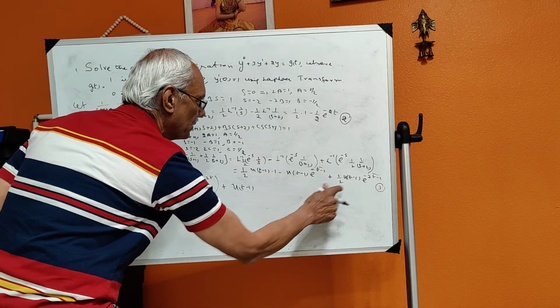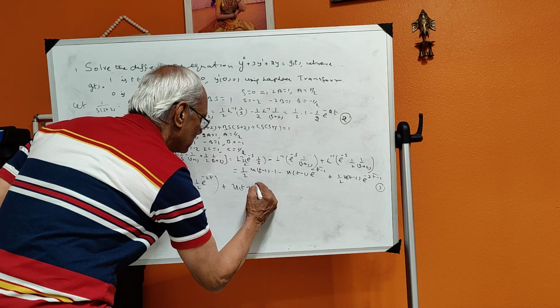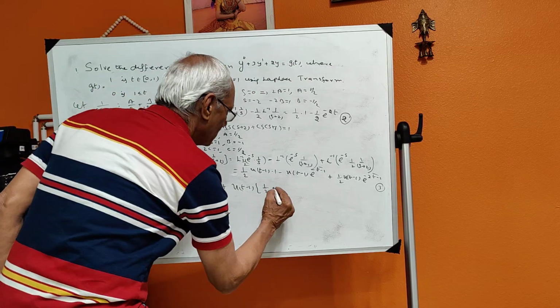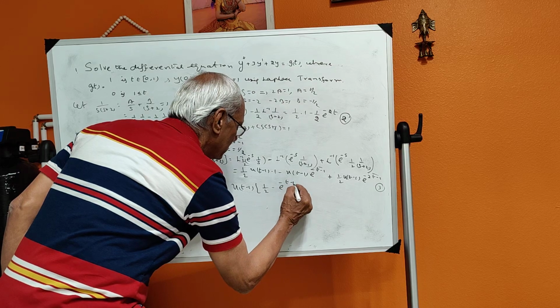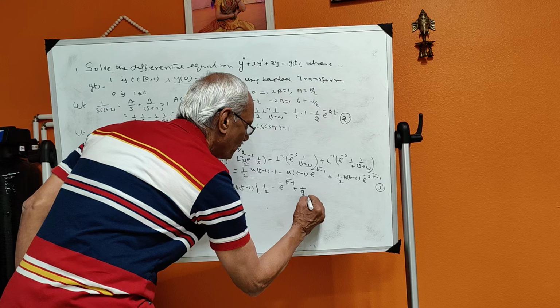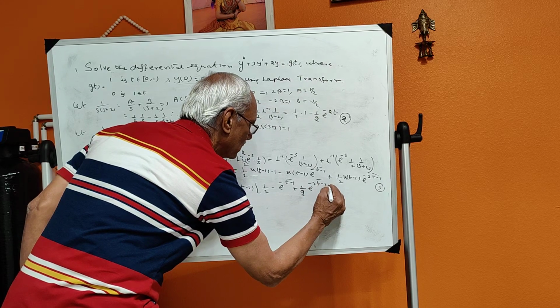I take this u of t minus 1 outside, within brackets, half minus e to the power of minus t minus 1 plus half into e to the power of minus t minus 1.